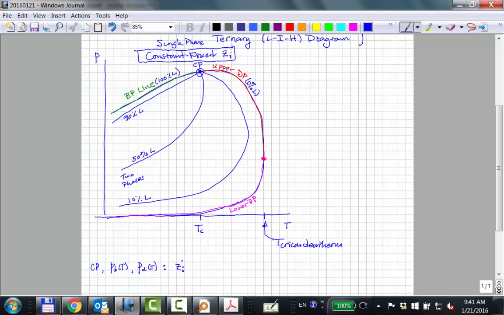When you say Zi, it's both the molar quantities of each component, but it's also the list of which components. So it's a function of composition. Any questions about this?